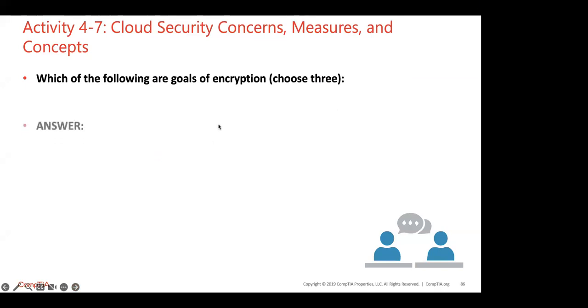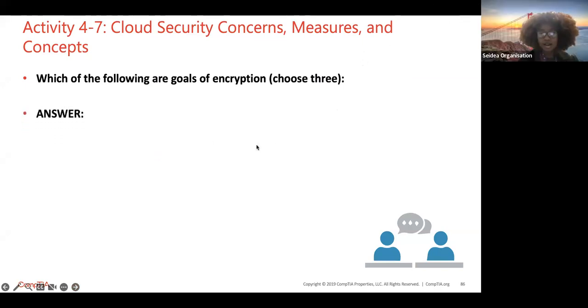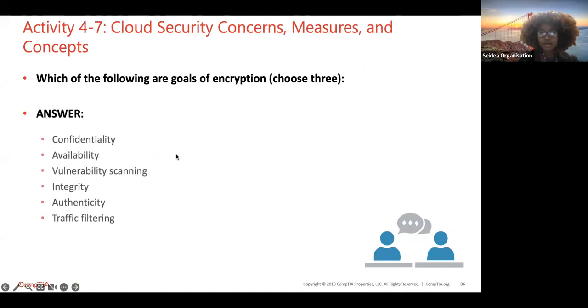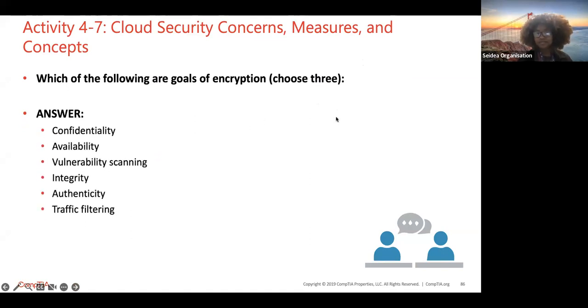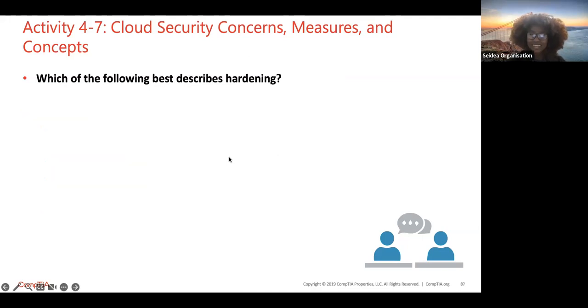Which of these are goals of encryption? Choose 3. A, D, and E. Anyone else? CIA triad. A, D, and E. Okay, you guys are right. It is the CIA triad.